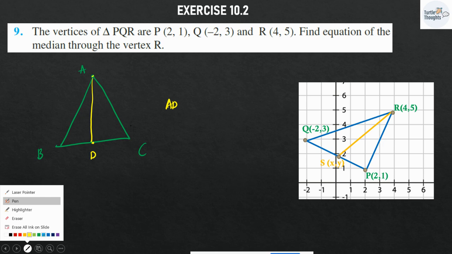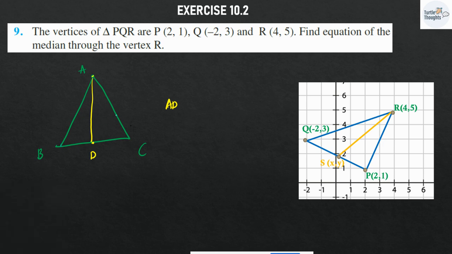Similarly, I can draw one more line from B to the midpoint of AC and name it E, then BE will also be a median. Similarly, from the point C, if I draw a line connecting the midpoint of AB and name it F, CF is going to be a median.